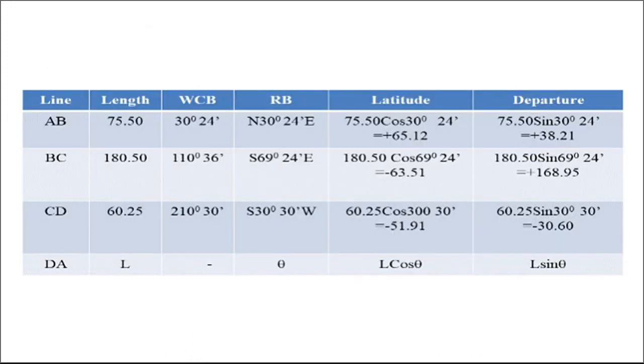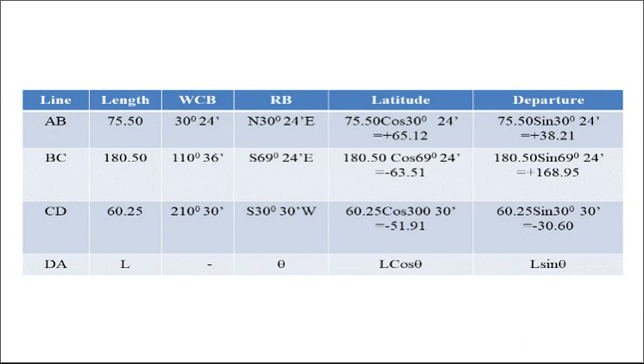Then next, these calculated latitudes and departures are tabulated. For line AB the length is given, the whole circle bearing is given, we have calculated the reduced bearing, and the latitude we have calculated as plus 65.12. Similarly, departure plus 38.21.